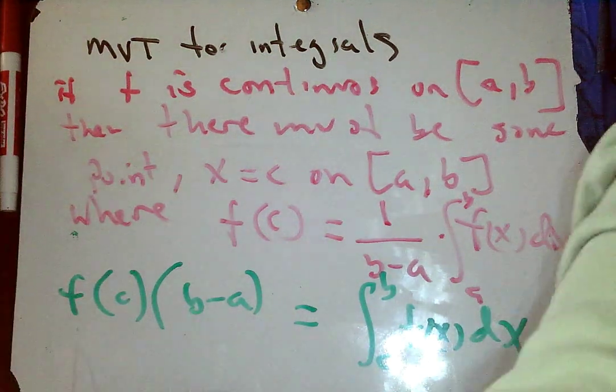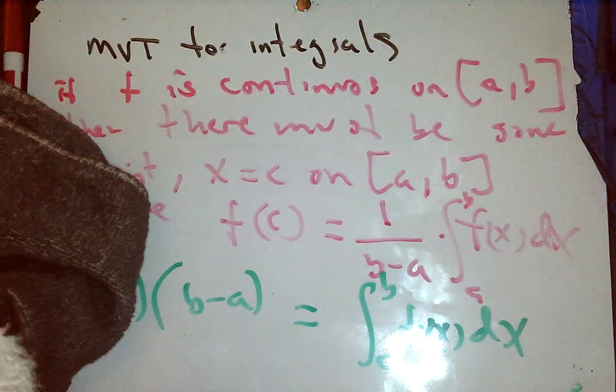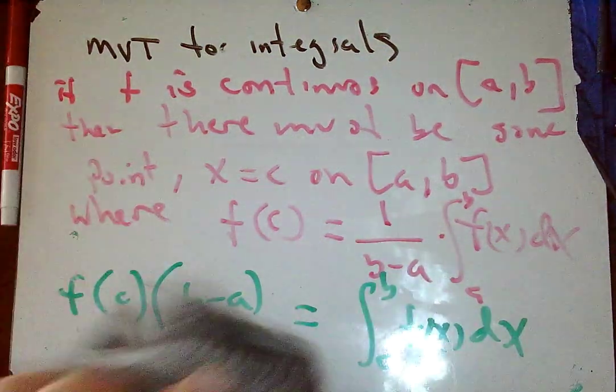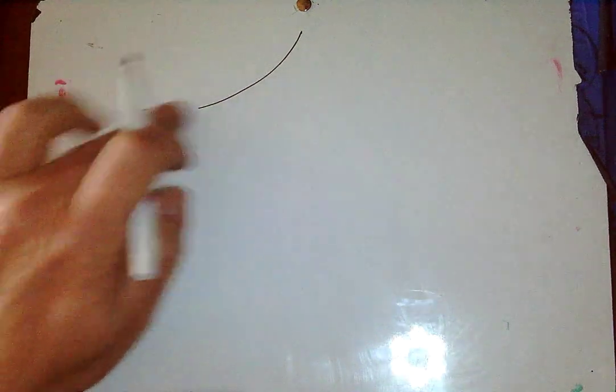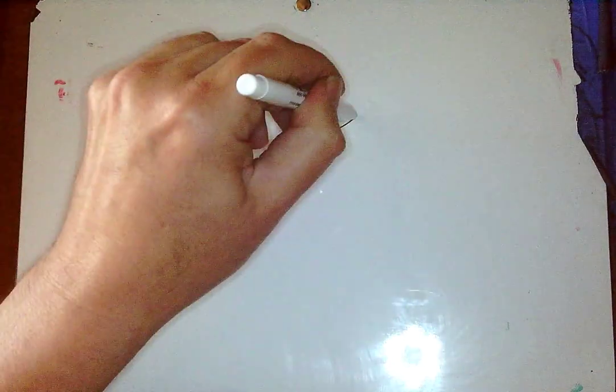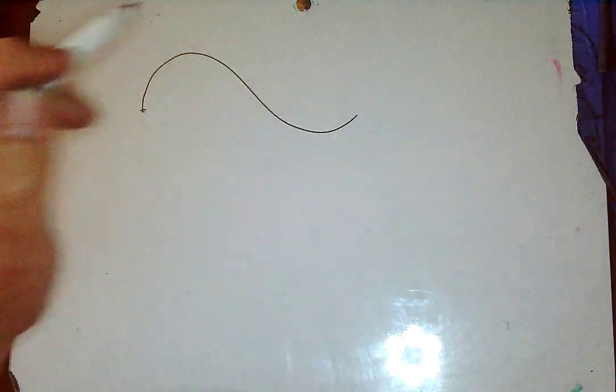Let's see if we can have a visual understanding of what's going on here. So I'm saying, okay, I've got this curve. No, I want a monotonic curve. Here we go.